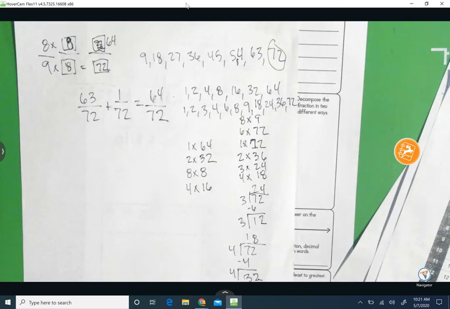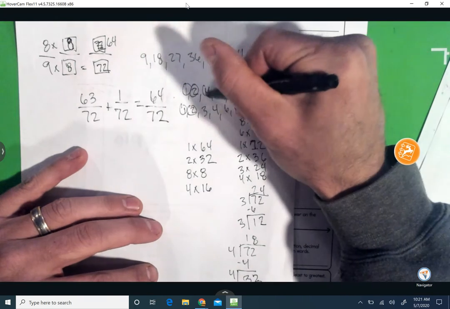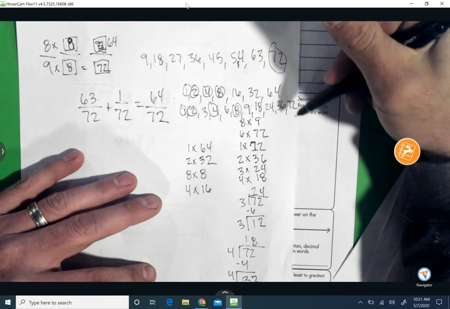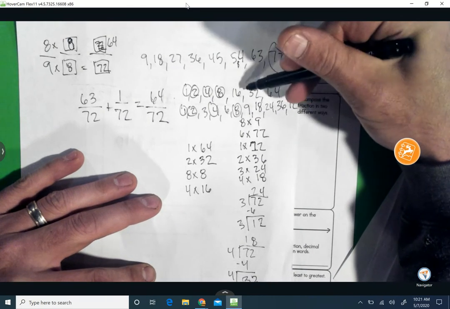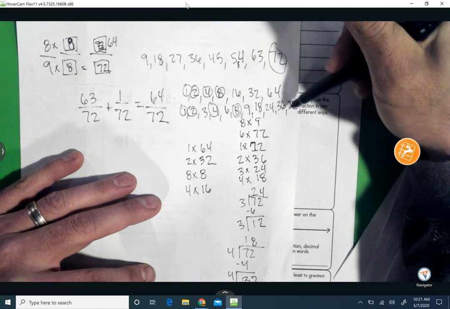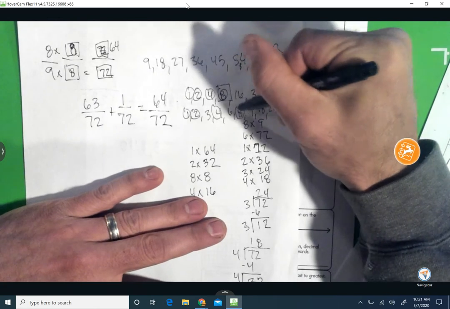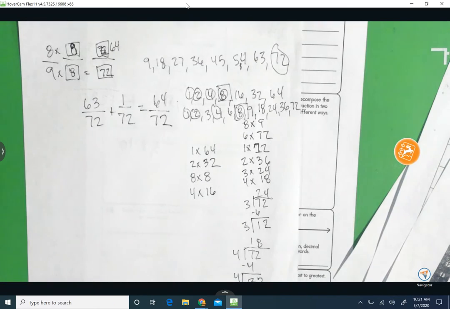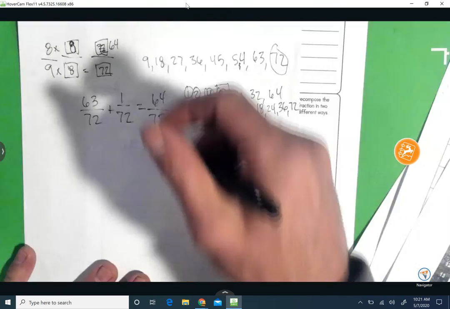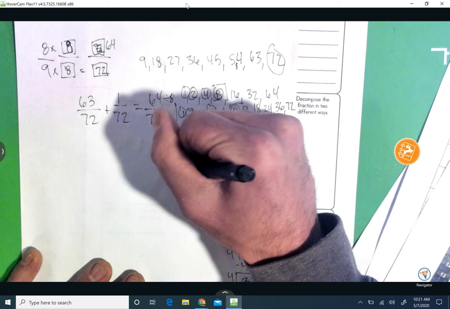Greatest common factor. Well, we've got 1s, we've got 2s, we've got 4s, we've got 8s. We've got 16s, nope. We've got 32s, nope. We got 64s, nope. We are done. The greatest common factor of 64 and 72 is 8. 64 divided by 8 is 8.